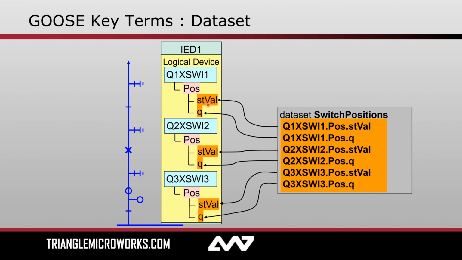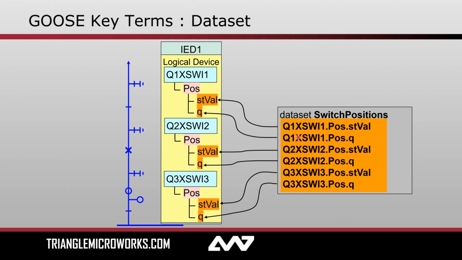Notice here that we drilled down to the data attribute level and we left out our timestamp. Ultimately, this is up to you as an end user to decide which of these you want to include, but the thought here is that GOOSE is so fast that we no longer really need the timestamp information because we're receiving the information within a fraction of milliseconds of when the change occurred, and the timestamp's much more useful for a historian or some other SCADA level application.